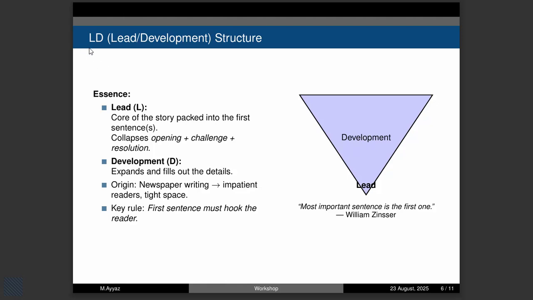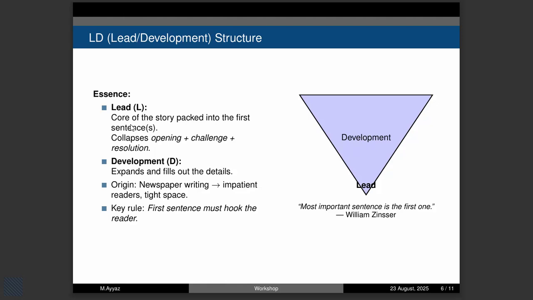This structure is also called the inverted hierarchy structure because first we have to lead the story. In other words, we have to tell as much of the story as possible in the first few sentences of our writing, and then we develop the story in the later part of our writing.